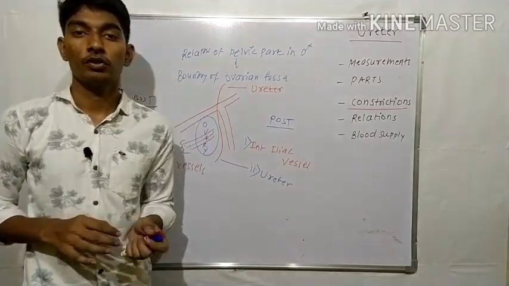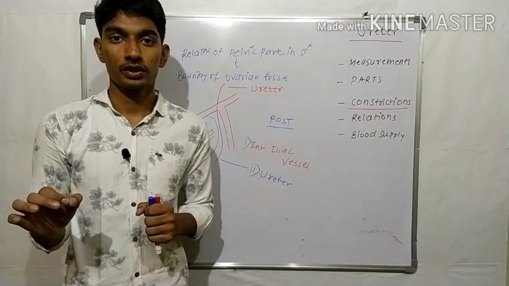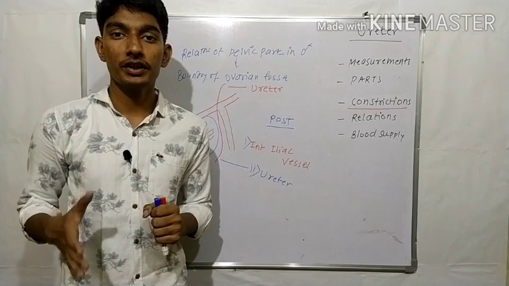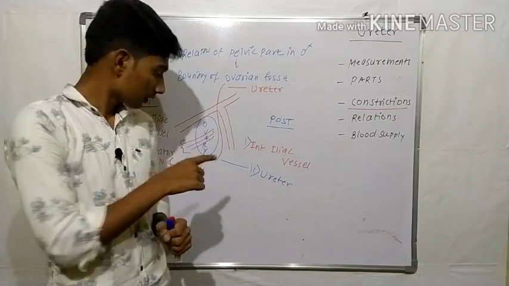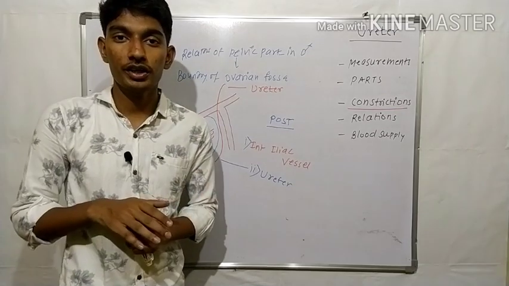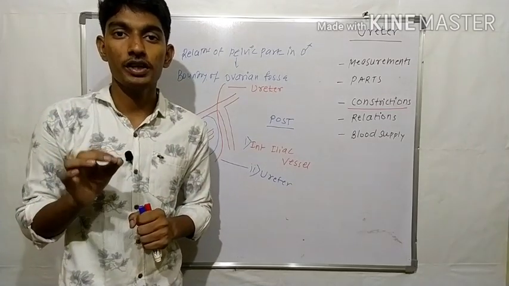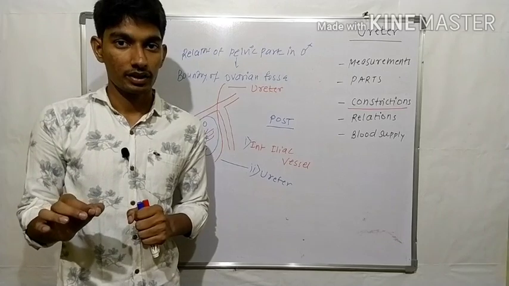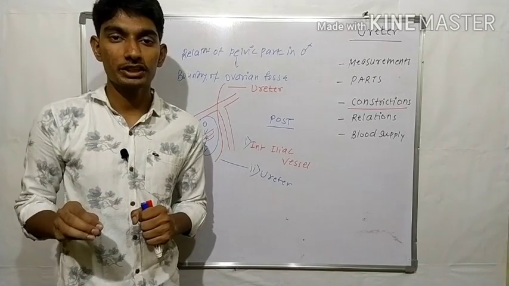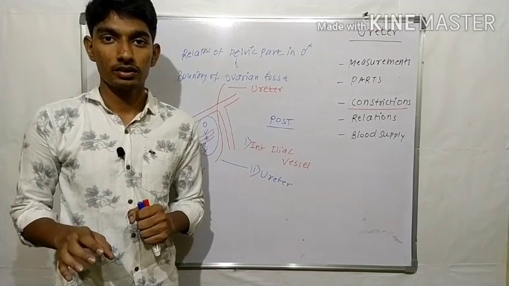Therefore, in case of ovarian pathology, the pain is referred to medial aspect of the thigh because obturator nerve gets irritated, and as we know, obturator nerve is the nerve of medial compartment of thigh. Therefore, when there is a pain in the ovary, it is referred to medial aspect of the thigh.